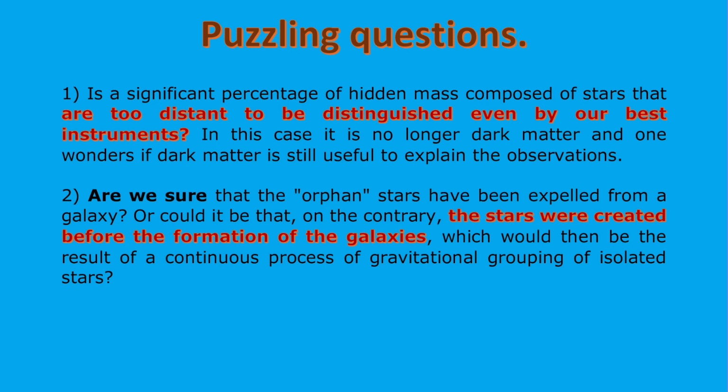Question 2. Are we sure that the orphan stars have been expelled? Or could it be that, on the contrary, the stars were created before galaxies, which would then be the result of a continuous process of gravitational grouping of isolated stars?